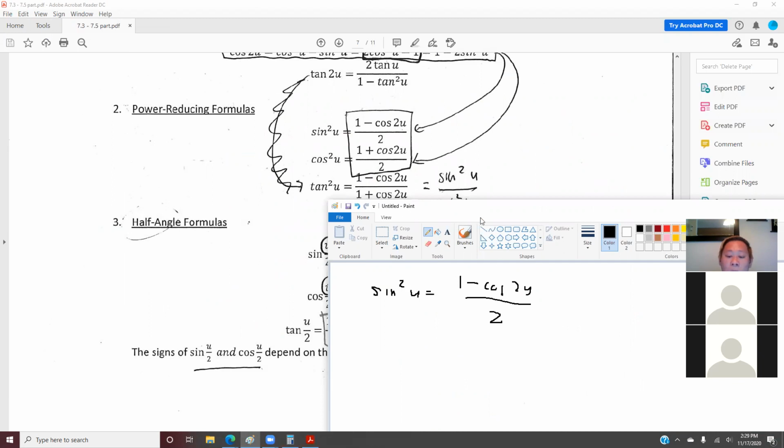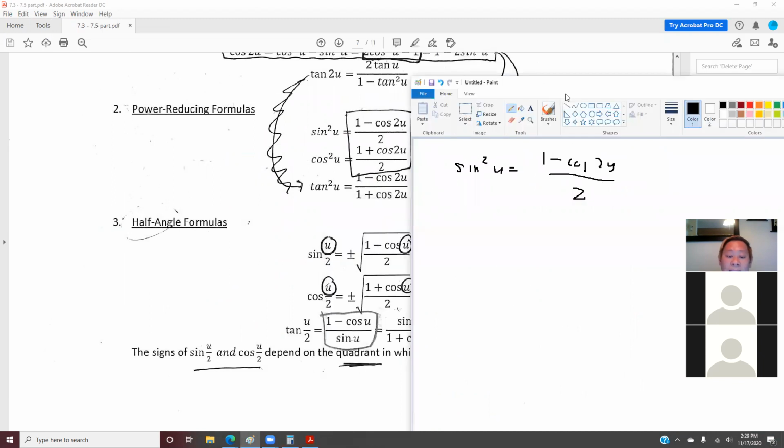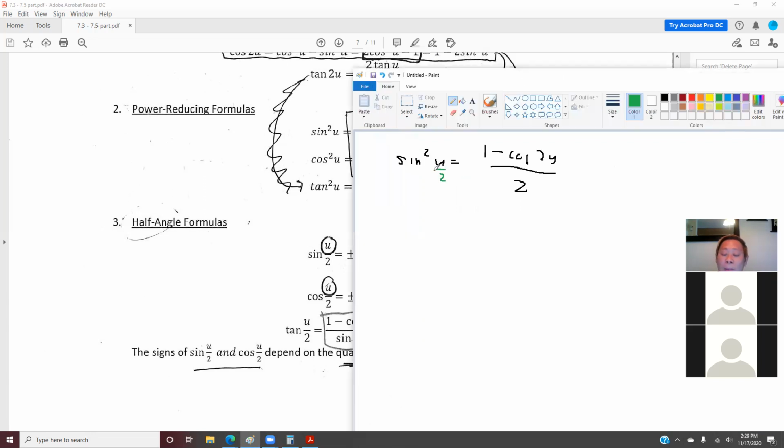I use this one. So in order for us to do sine u over 2, what I did in this case is reduce this by 2. Remember last time when we had an even angle, I multiplied everything here by 2. So if I reduce this by 2, I reduce this angle by 2.